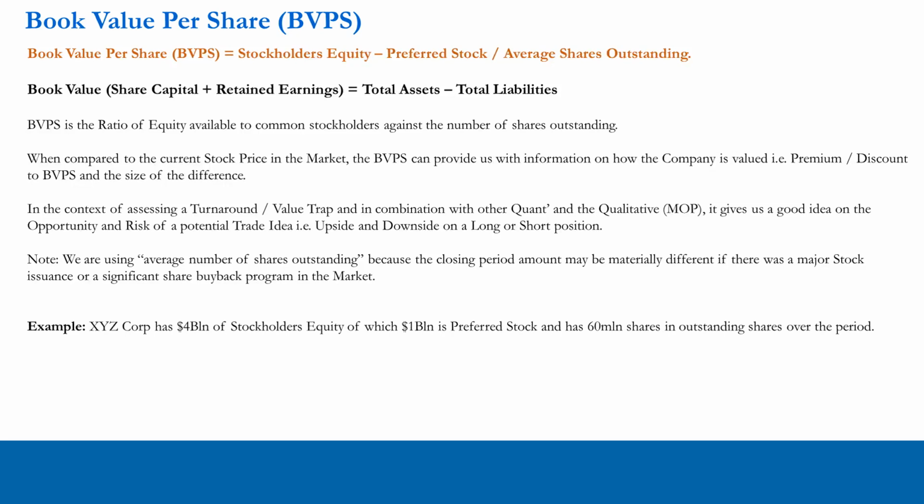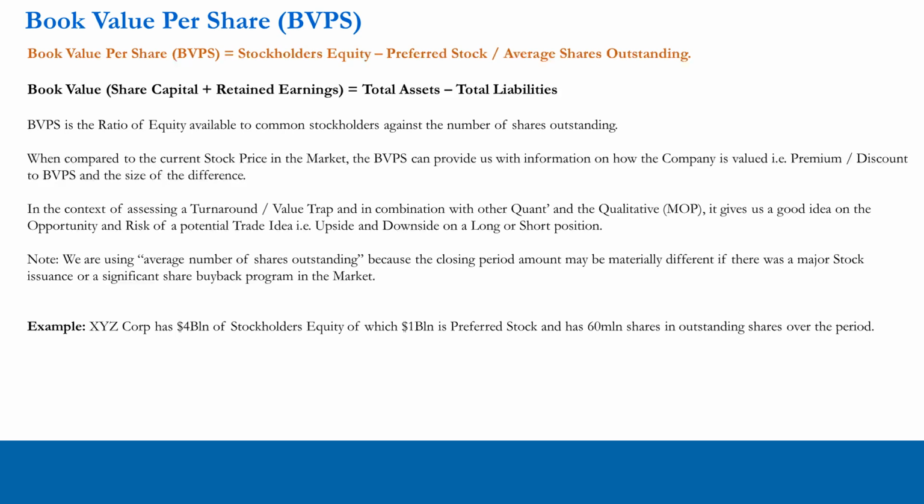And when we compare this to the current stock price in the market, the book value per share can provide us with information on how the company is valued, so as in a premium or discount to book value per share and the size of that difference.